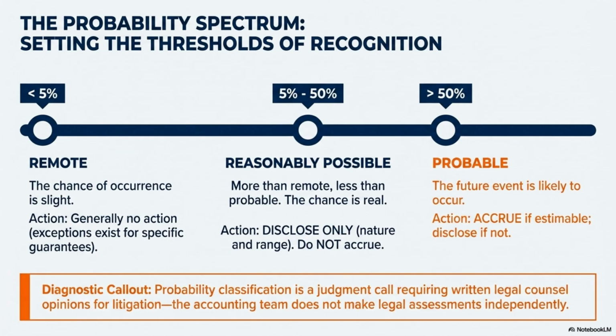If probable but not yet estimable, you disclose and wait. And read the diagnostic note at the bottom carefully. These are not mechanical thresholds you apply by yourself. Probability classification for litigation requires written legal counsel opinions. The accounting team does not make that determination independently.